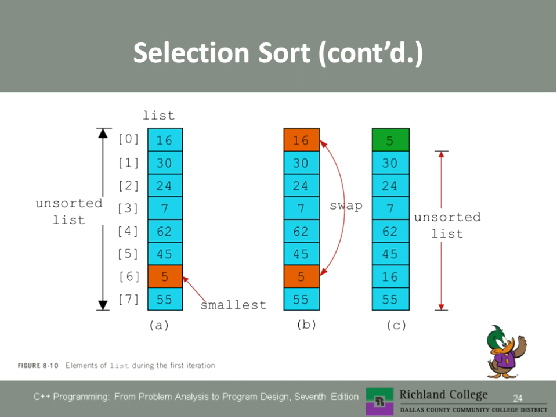So maybe there's an element, let's just call it X, and this is my other element, and let's call it Y. How do I make that swap? First of all, whatever is in X, what I might have to do is create a temporary holding place and assign whatever is in X to it.